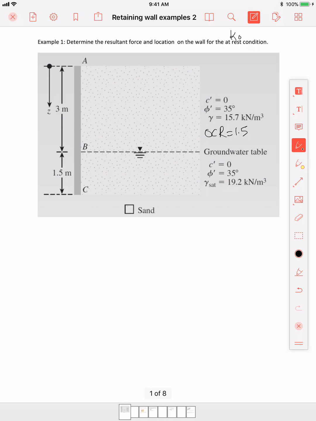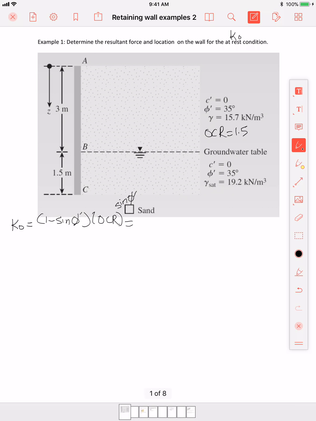And we're going to use our K naught correlation, which is 1 minus sine phi prime, which is the friction angle, times OCR, which is the over-consolidation ratio, raised to the sine of phi prime.